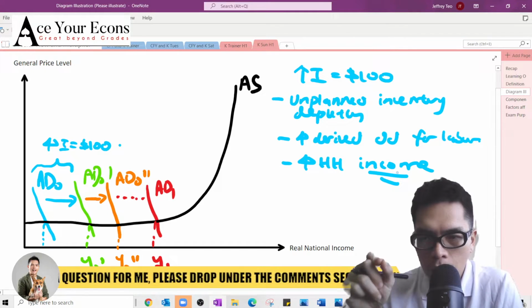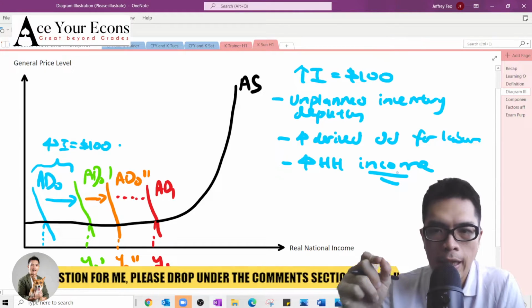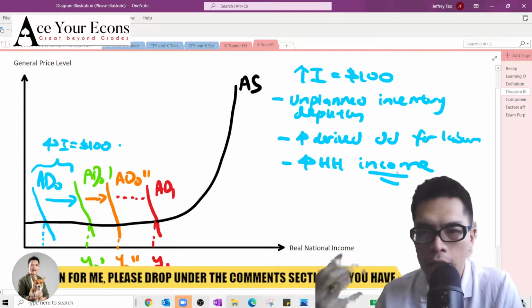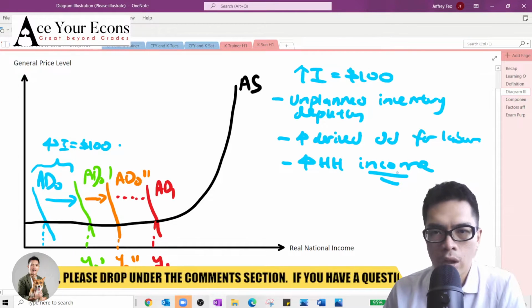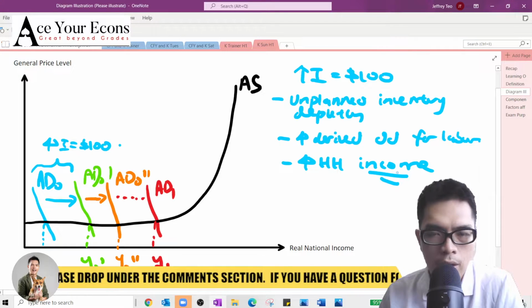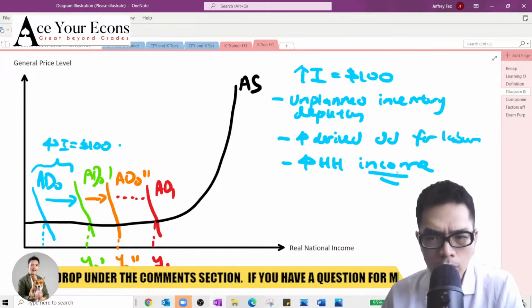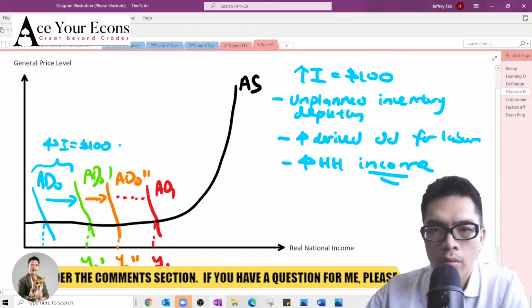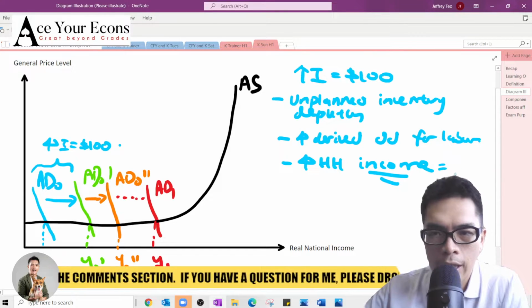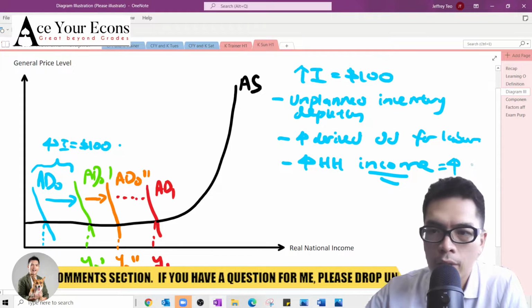Household income goes to the additional people or resources that are hired to produce the additional goods and services. So now my question to all of you, you are science students mainly, yeah? This is a science class. So remember, there's an increase of income by how much? How much does income go up? Can you all type out?